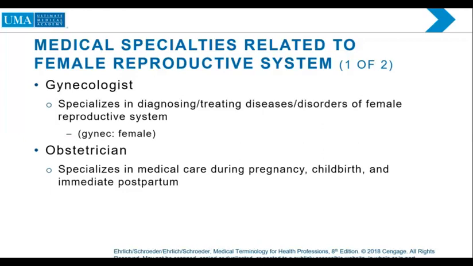Now let's review some medical specialists regarding female reproductive systems. A gynecologist specializes in diagnosing and treating diseases and disorders of the female reproductive system. Gynec means female. An obstetrician specializes in medical care during pregnancy, childbirth, and immediate postpartum.